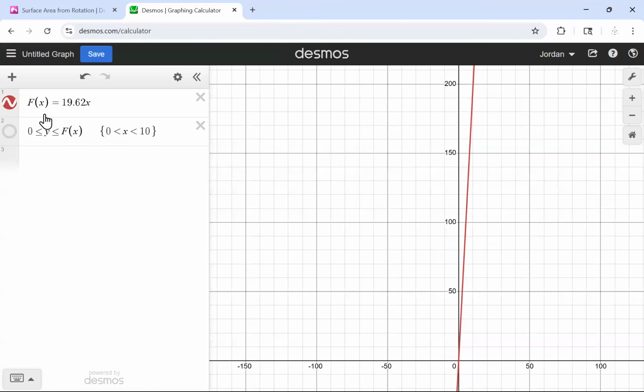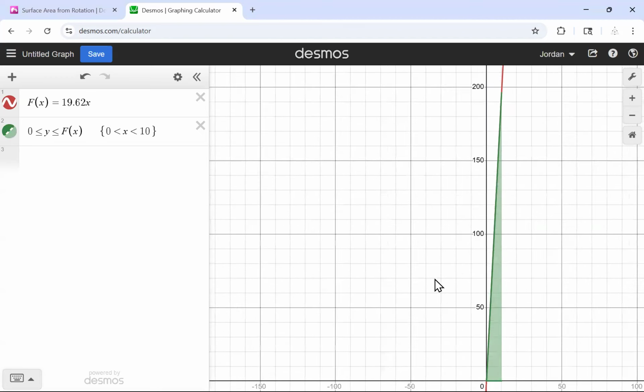By the way, in this case, my force function is just a linear function. So if I were to graph that, what I would be looking at is just the area under this straight line between 0 and 10.